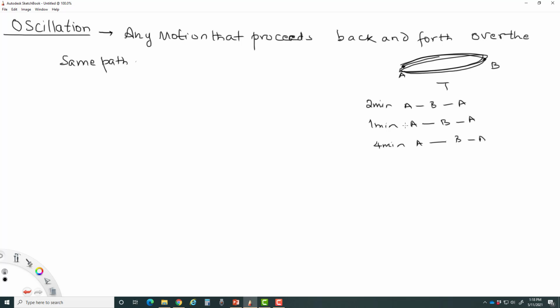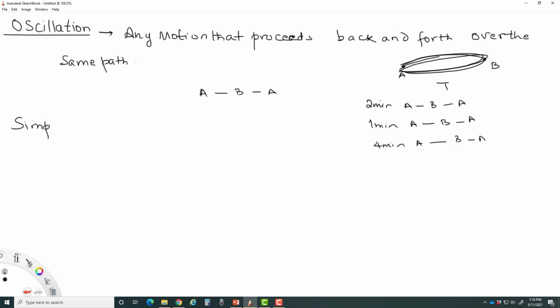But there are some motions in which the oscillation is periodic. Okay, so you take exactly the same time to go from A to B and then back to A. If that's the case, then this kind of periodic motion in which the time period is always the same is called simple harmonic motion.